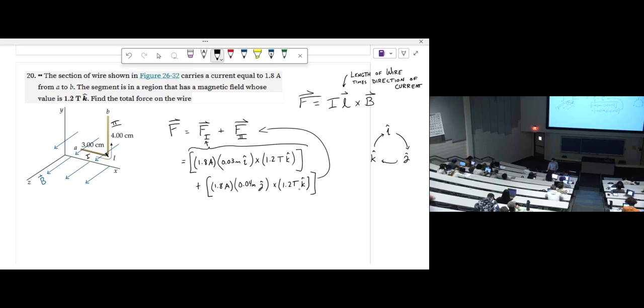The resultant here, j crossed into k, will be an i hat. And the result that you get is going to be 86.4 i hat minus 64.8 j hat, and that's going to be in millinewtons.